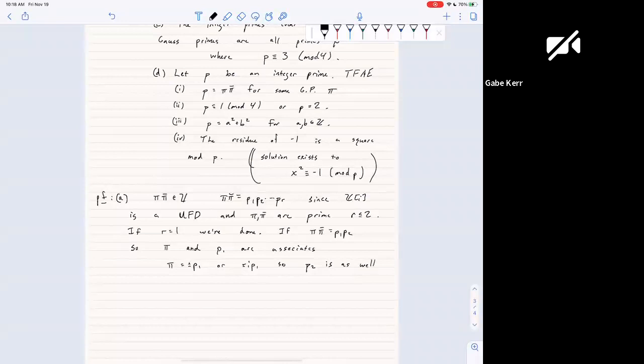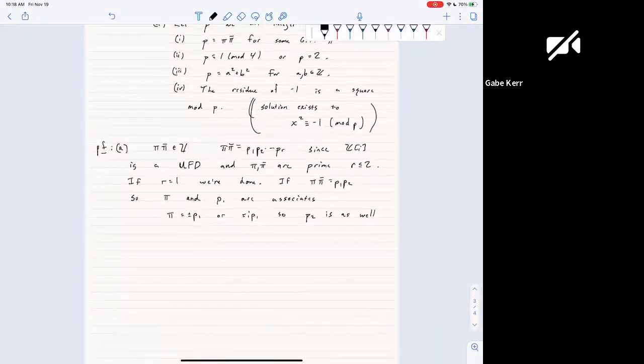And then since it's a positive integer, it must be P1.